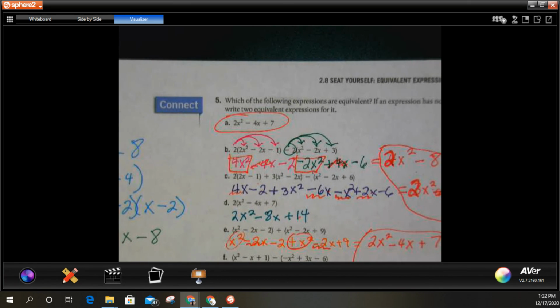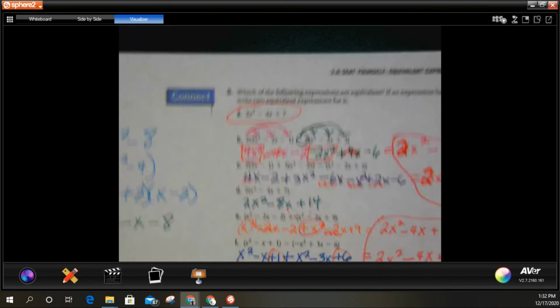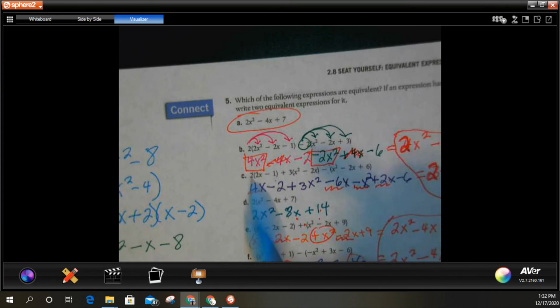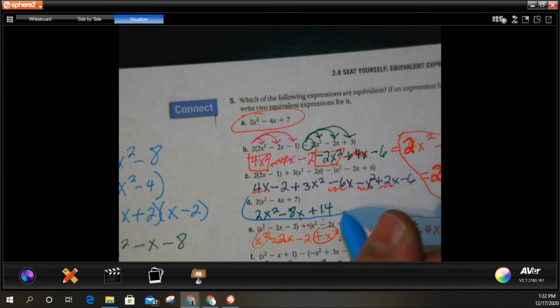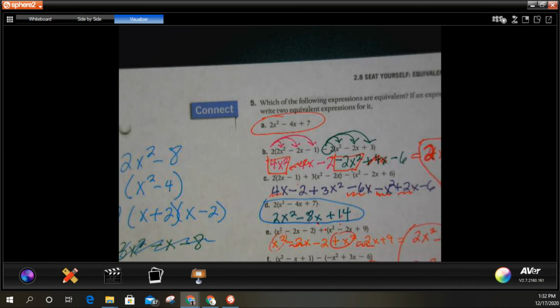Well, we know that this is an equivalent one: 2x squared minus 4x plus 7. Let's see, can I factor this? Nope.